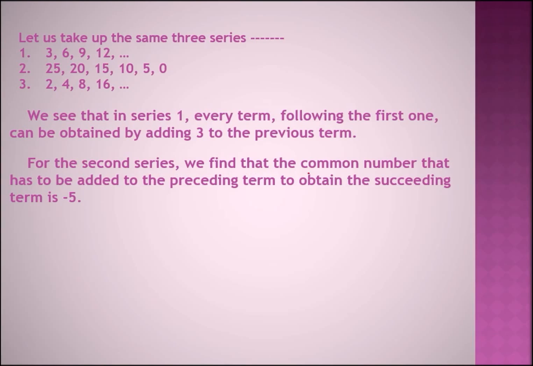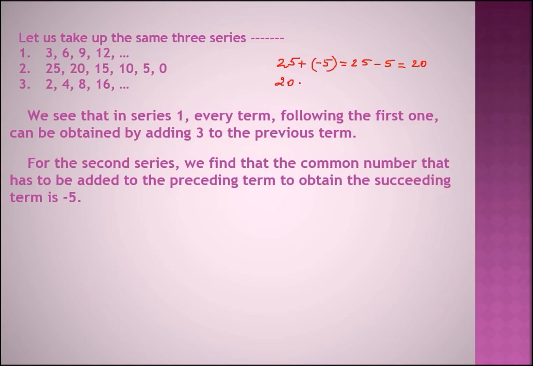For the second series, we find that the common number, see, throughout this first series we are adding plus 3 to each number to get the next number. For the second series, we find that the common number that has to be added to the preceding term to obtain the succeeding term is minus 5. 25 plus minus 5 will give us 25 minus 5, which is equal to 20.